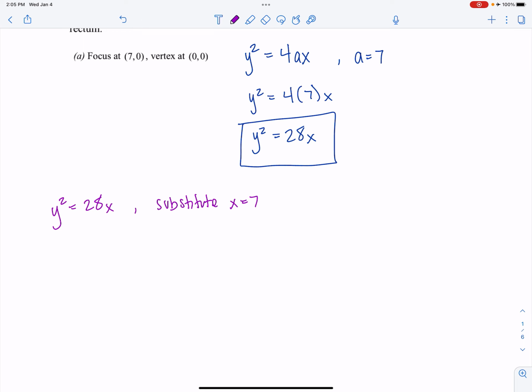So we will get y squared equals 28 times 7, which gives us 196. And that's y squared, so we just want y, which gives us plus or minus, if we take the square root, 14. So when x is 7, our y value is positive 14 and negative 14. So those are our 2 points, 7, 14, and 7, negative 14.